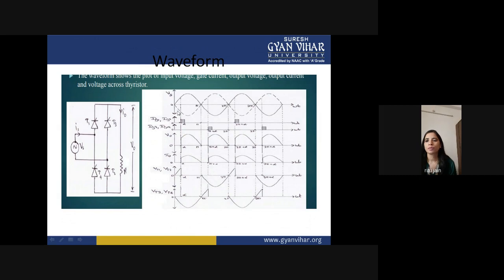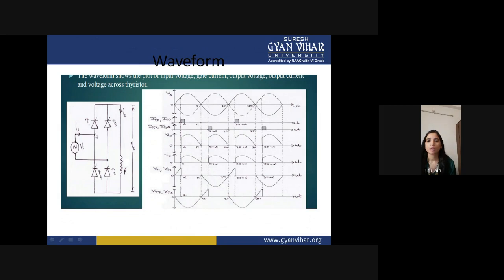First we will discuss this positive half cycle. When the supply is in the positive half cycle, this terminal will be positive and this terminal will be negative.